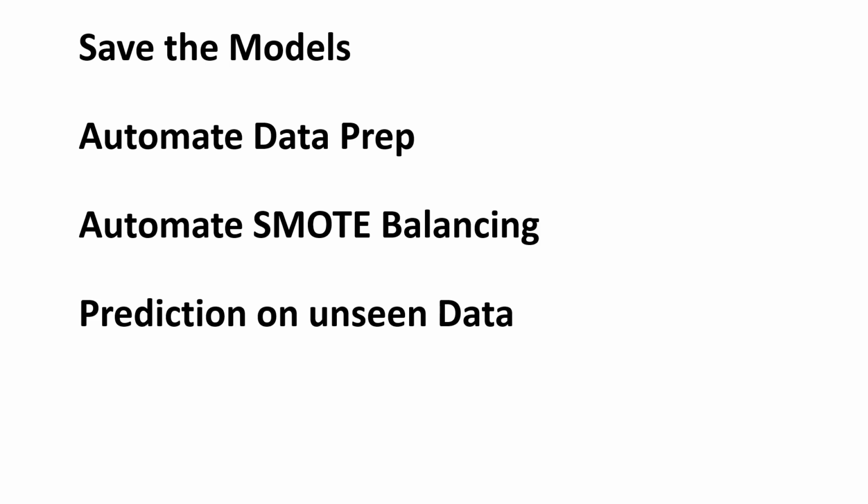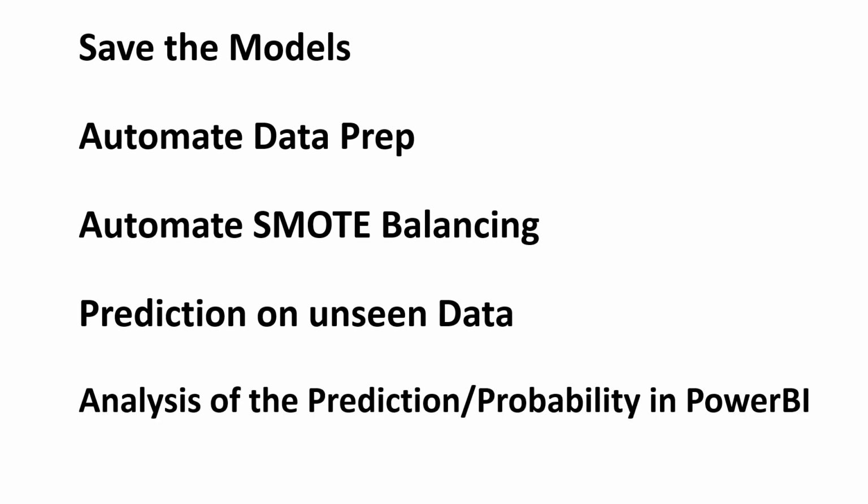Then, for prediction, we will bring in the unseen data, clean it using our automated data preparation function or module, then use the saved model to do the prediction. Once that prediction is done, we will concatenate it with the input data, put that into Power BI and do the further analysis.